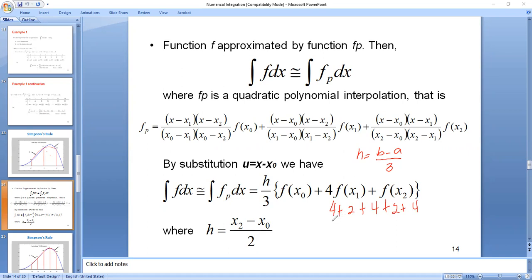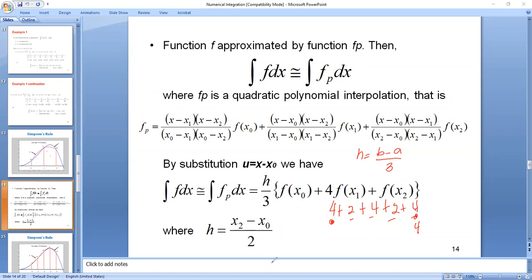What do I mean by 4, 2, 4, 2, and ends with 4? These are the multipliers. So your second term will have a multiplier of 4. Your second to the last term should have a multiplier of 4. And it should be an alternation of 4, 2, 4, 2, 4, 2. The second to the last also has a multiplier of 4. The last does not have any multiplier.